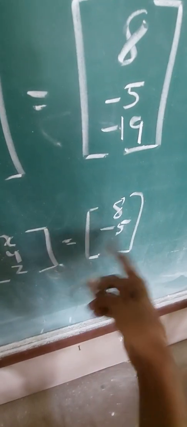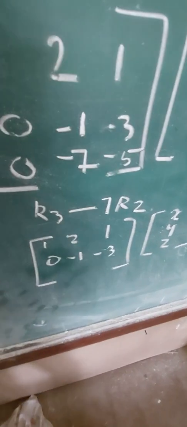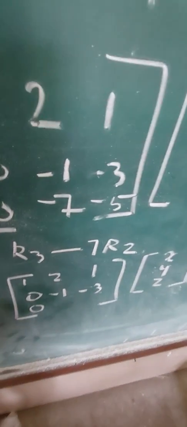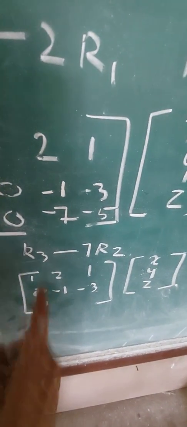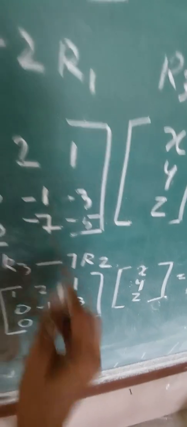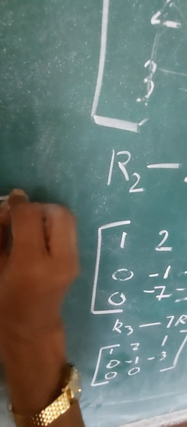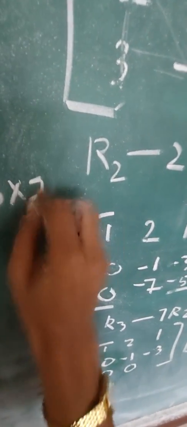First row no change, here also first row no change. Second row no change, second row no change. Third row we are going to change, R3 minus 7R2. 0 minus 7 into 0. Minus 7 minus of 7. Minus 5 minus of 7 into 3. Minus 5 minus of minus 3 into 7.